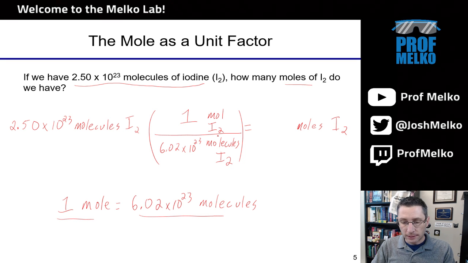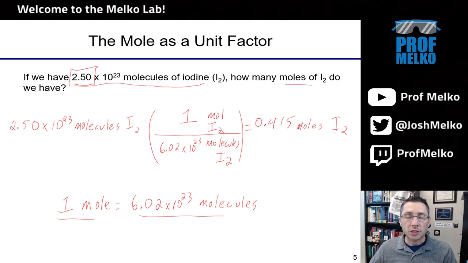So now I take the given information, 2.5 times 10 to the 23rd, multiply by the 1, it's still 2.5 times 10 to the 23rd, divide by the denominator here, 6.02 times 10 to the 23rd, and I get, rounded to 3 sig figs, because that's the number I'm given, 0.415 moles of iodine.